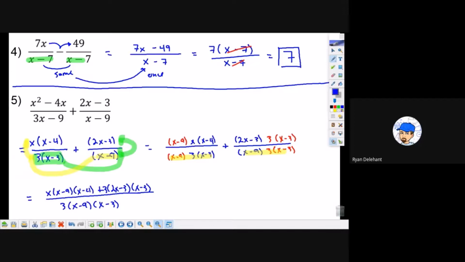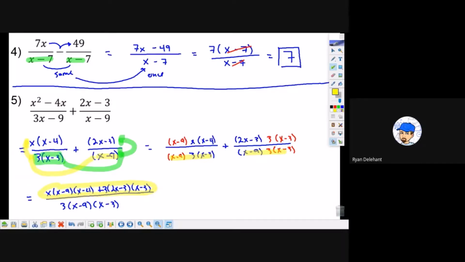And part of the reason I'm working with this messy one to start, right off the bat at this point, I see a lot of people get really tempted to try to cancel this x minus 9 and this x minus 3, but you can't do that because these things have a plus in front of them, okay? So at this point, what we need to do is deal with this stuff on the top. We need to simplify this.